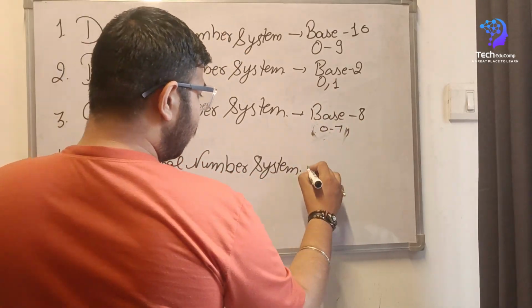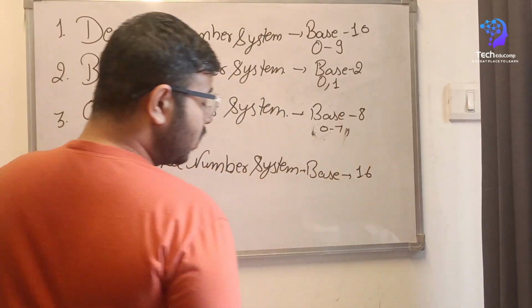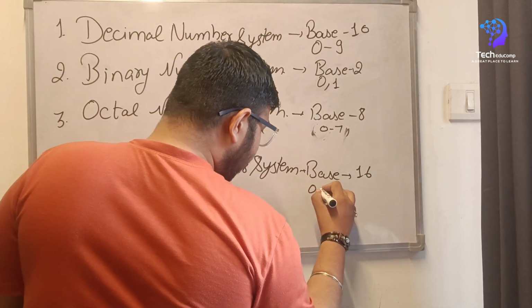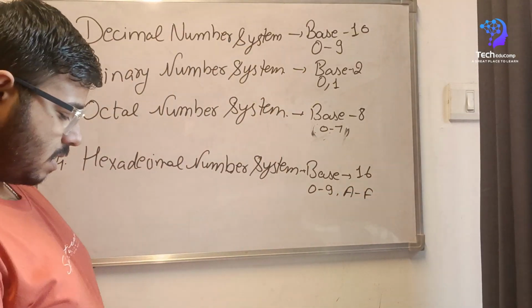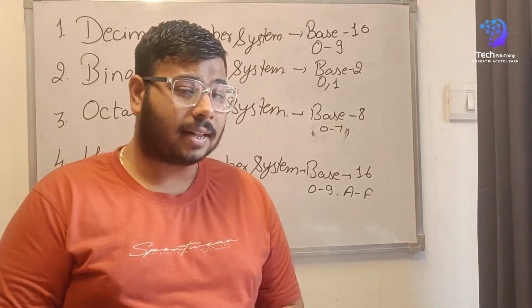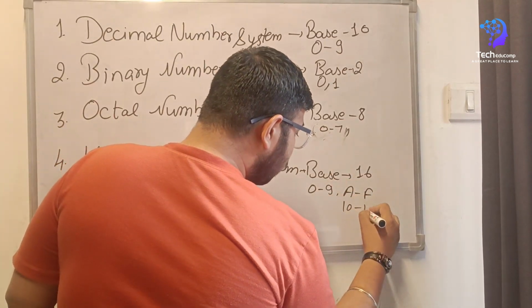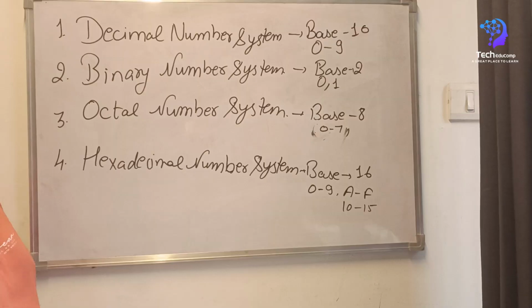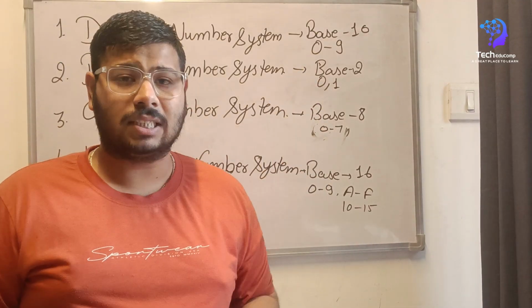And hexadecimal has a base of 16 because it uses 0 to 9 and then A to F. These are the symbols, where A to F represent 10 to 15. This is how you can represent these number systems.